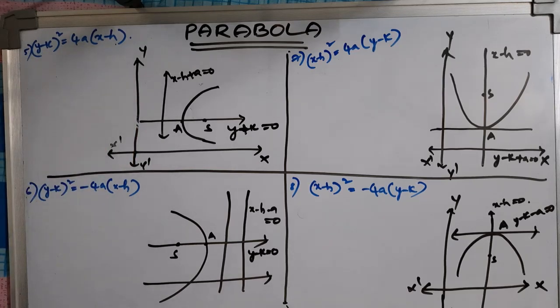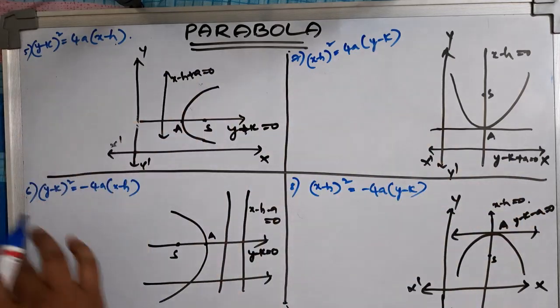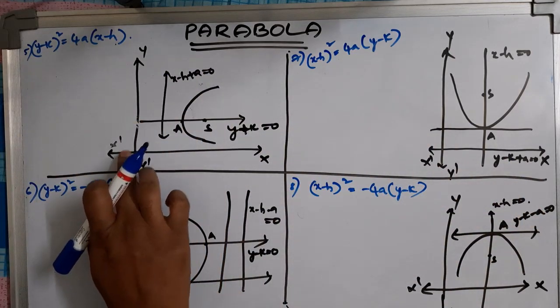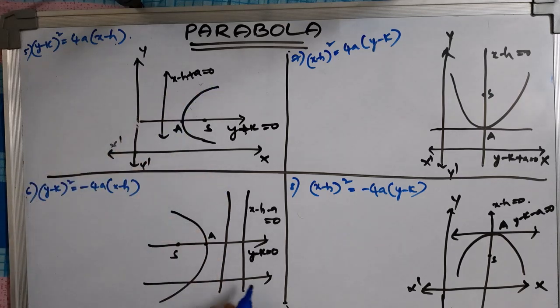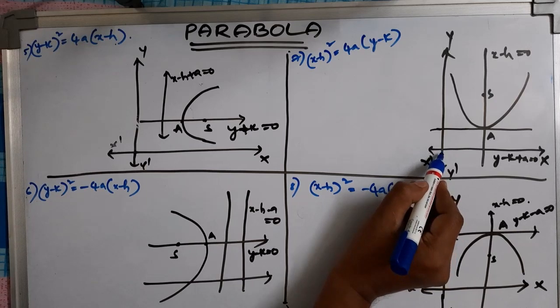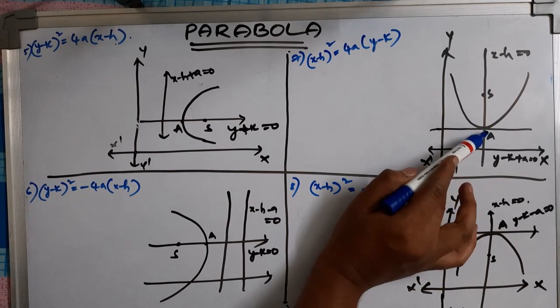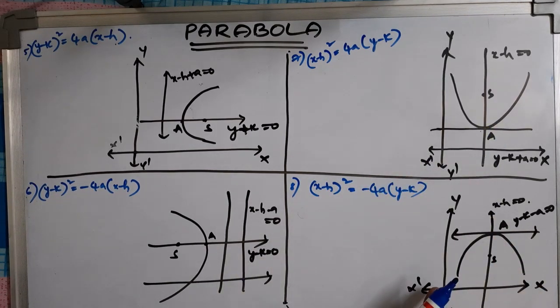In each of these cases, the origin or the vertex is shifted to some other point.